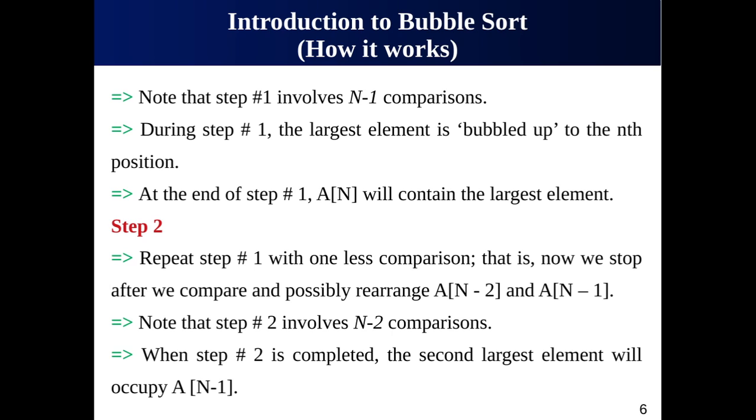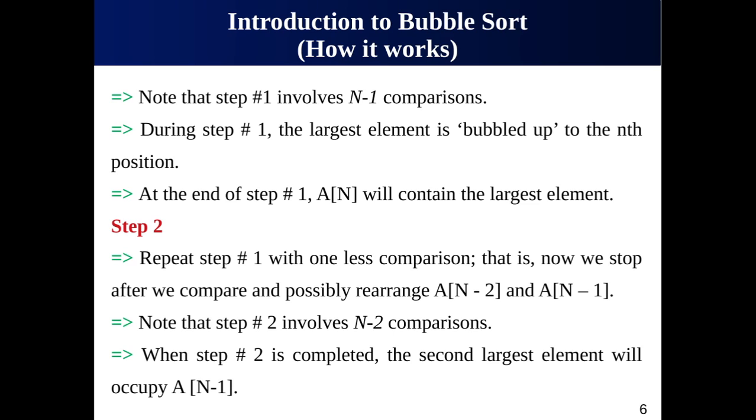It is important to note that step 1 involves n minus 1 comparisons, but step 2 will contain n minus 2 comparisons, because it is one less than the previous step. At the end of step 2, the second largest element will have bubbled out and reached the correct location, which is a n minus 1.